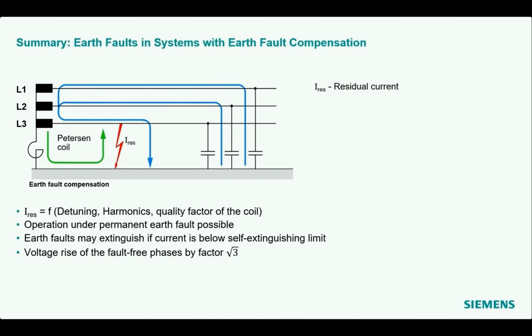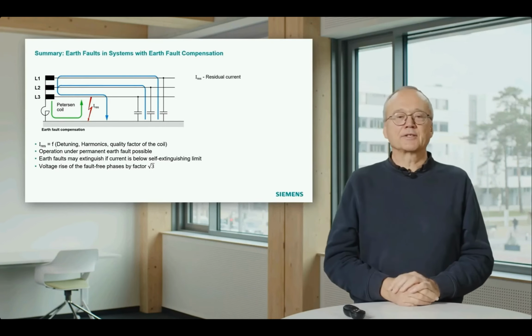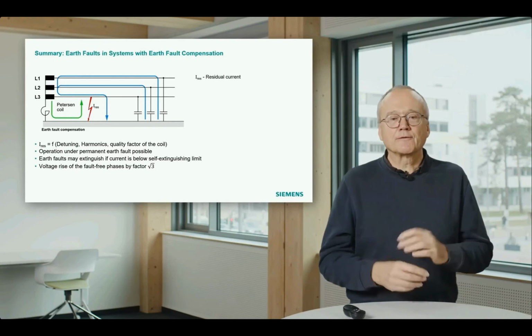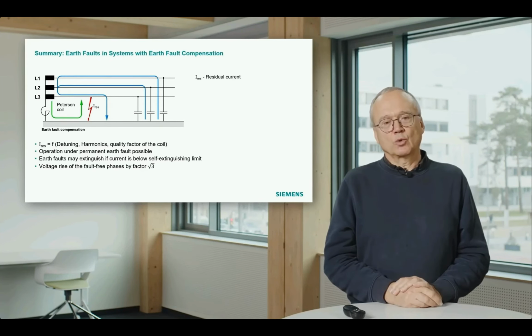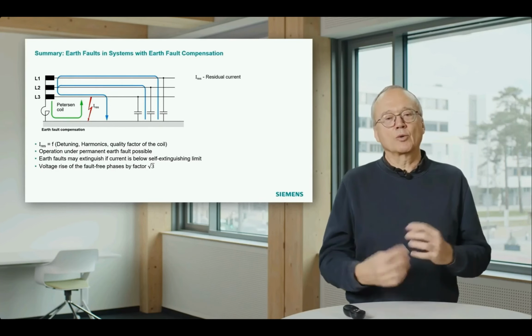That means the phase L3 voltage drives a current through the earth fault and the coil. That is the green current in this case. These two currents are of opposite phase, so they compensate each other and the current at the fault point is nearly zero. So that is a different way to make up your mind how this situation works.